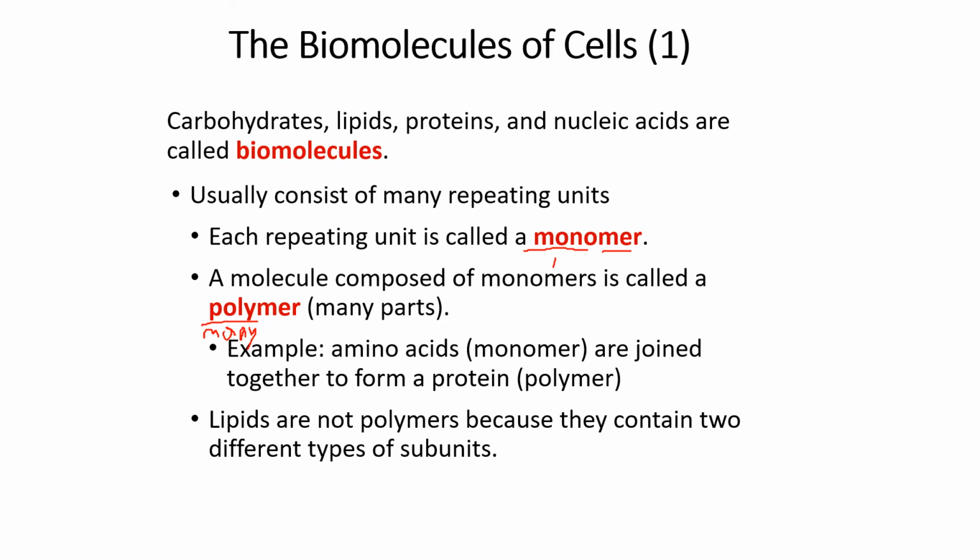So monomer is one part, polymer is many parts. And if you've ever made like a paperclip chain or a paperclip necklace, you've made a polymer, so you inherently understand this.